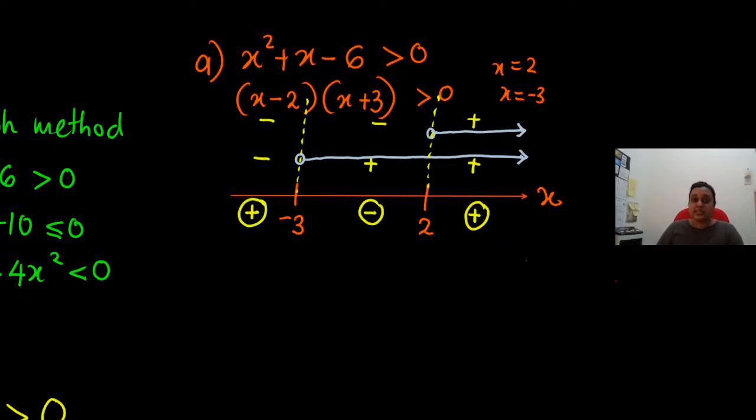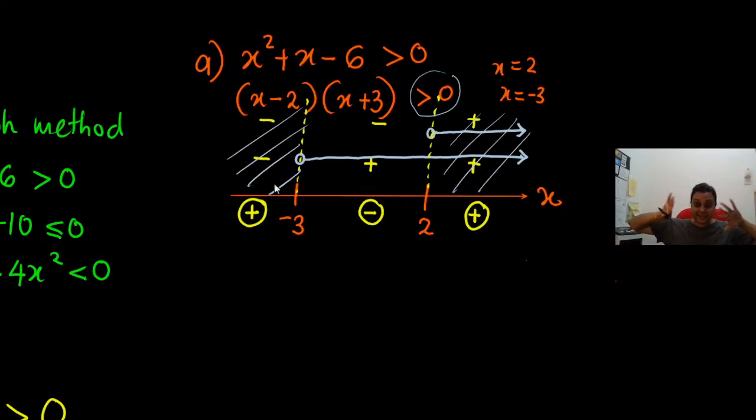Okay, now this one is bigger than 0. Bigger than 0 means we choose the positive sign. Therefore, we have to take here and here. So it's separated. So you will have two different x ranges to write. So here you write x, copy the sign, x bigger than 2.